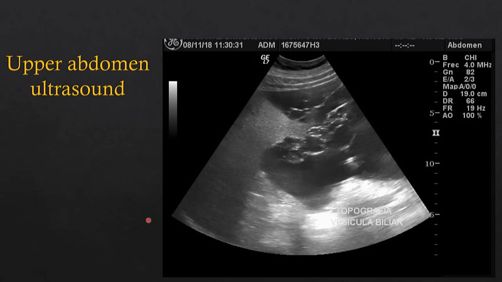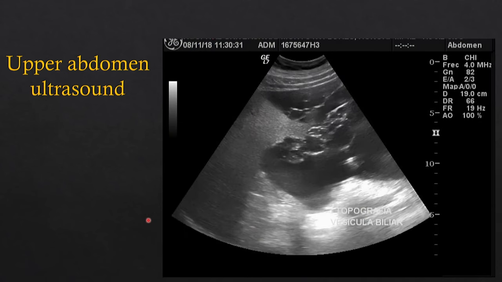In the topography of the gallbladder, we found this image that is a multiloculated cystic mass that had internal septa, and all the material that we found inside this mass was predominantly anechoic, but some internal echoes were present.